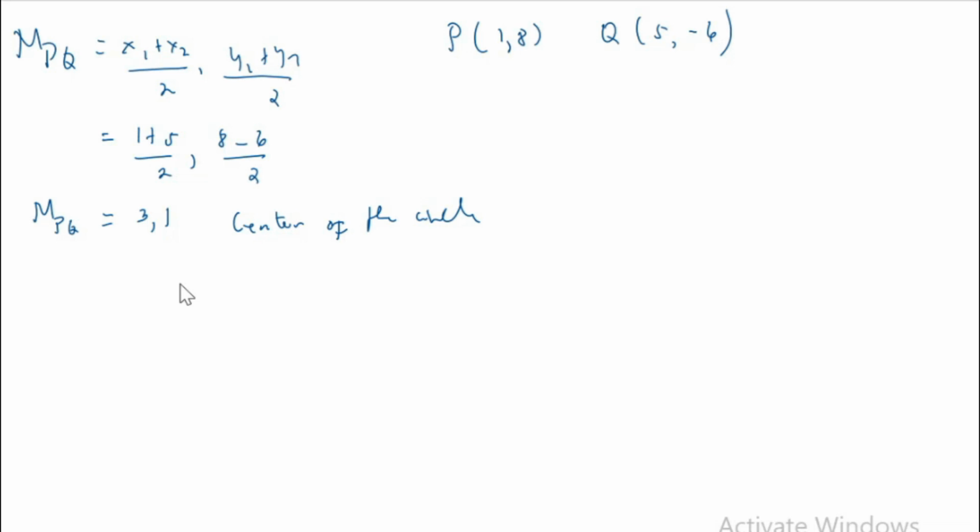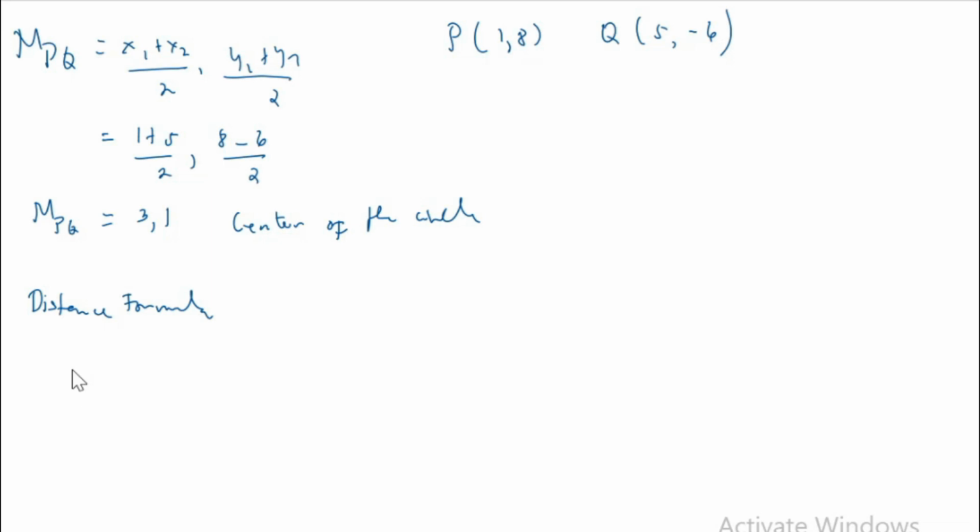To find the radius, we're going to use the coordinates of the center of the circle and any point on the diameter. If I choose point P as my endpoint, I'm going to use the distance formula.